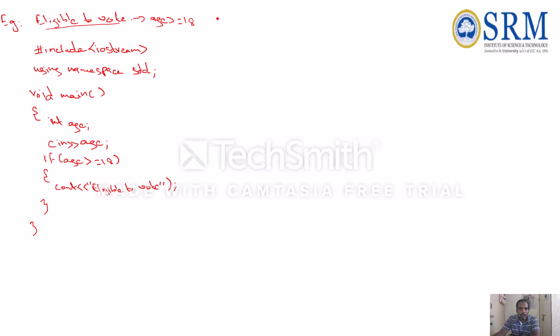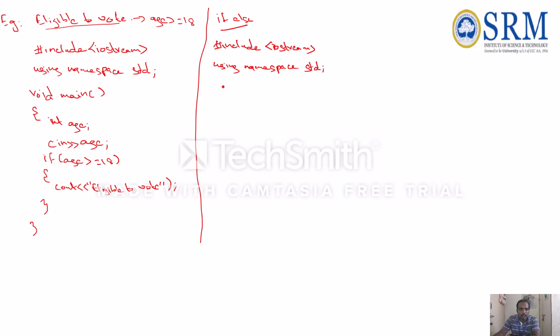Now we are going to discuss the example program for if else. This is an example program. The same program we can take instead of writing it again. So iostream, using namespace std, then the main function.